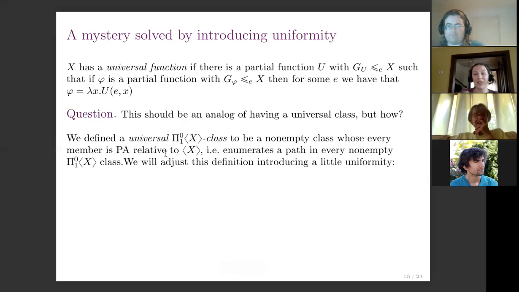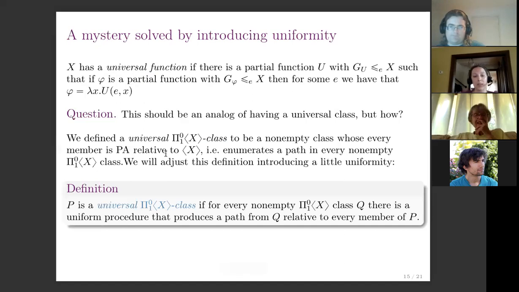So we will adjust this definition slightly by adding some uniformity. We'll ask that, in addition to what we had before, if we have a class Q that is non-empty, then there's one procedure that produces a path in Q relative to every member of P. I'm saying a little uniformity because I could have asked that also the function that takes the index of Q to the index of that uniform procedure is somehow effective.